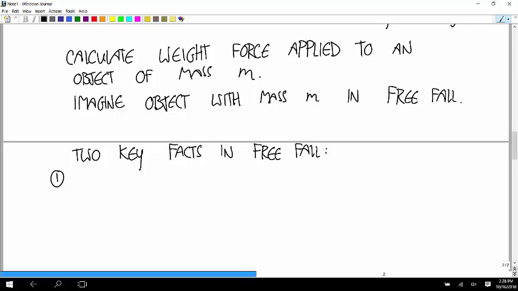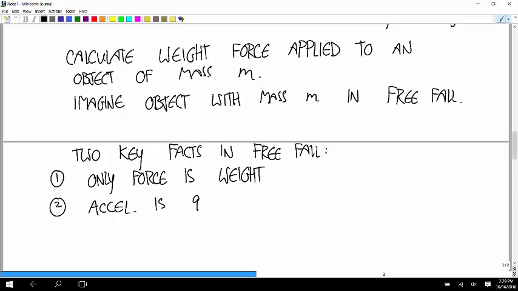That's the definition of free fall. And what else do we know about an object in free fall? That's right. The acceleration is 9.81 meters per second squared down.